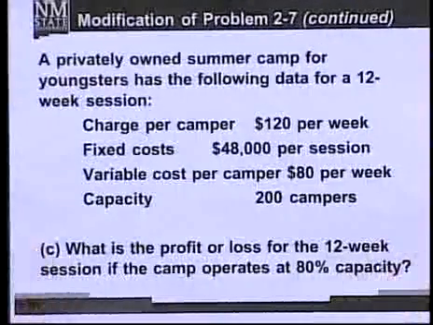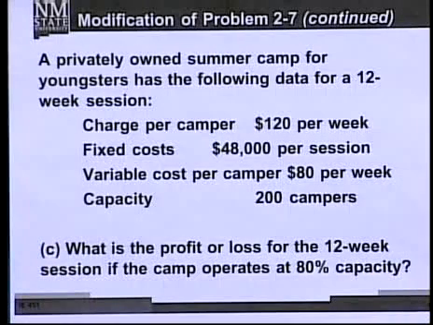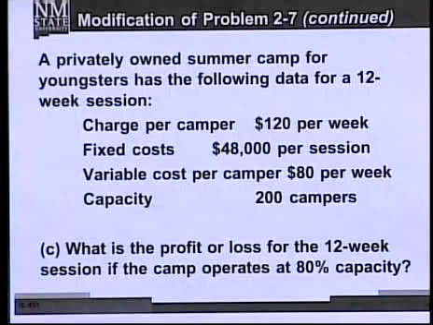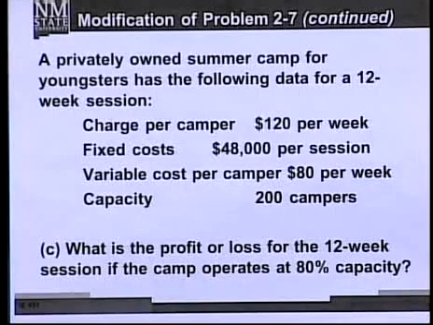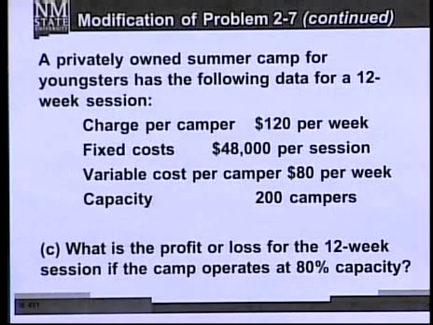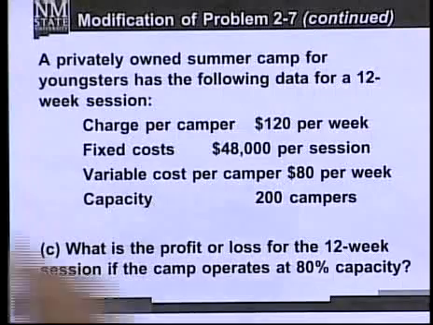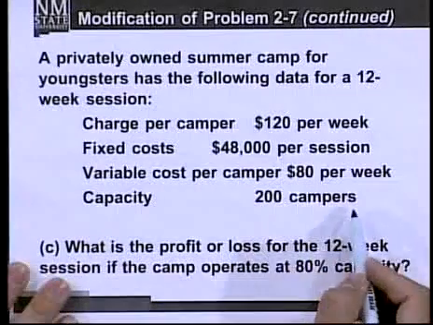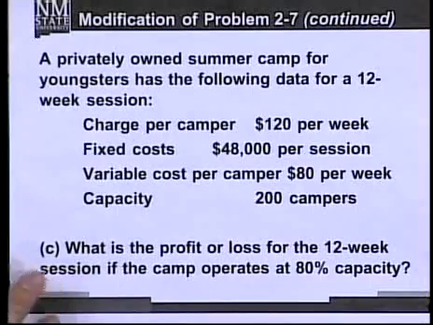Okay, then what about question C? How to answer question C? What is the profit or loss for the 12-week session if the camp operates at 80% capacity? What is the capacity of the camp? 200 campers, right? So capacity is 200 campers.